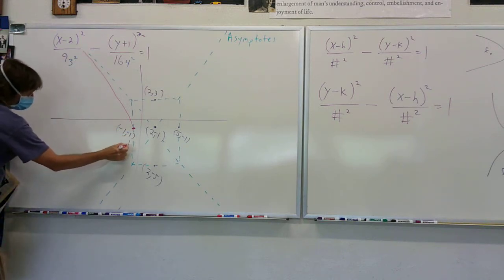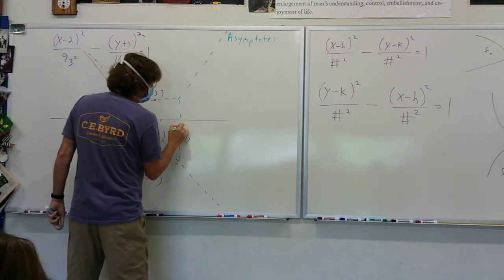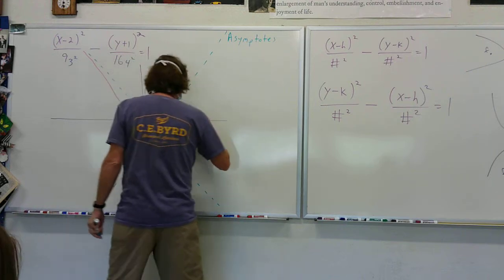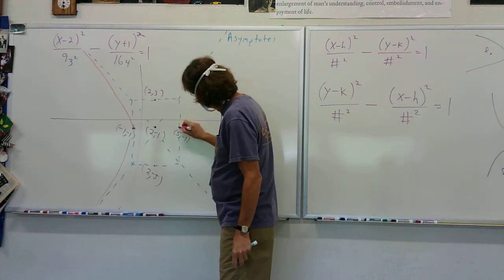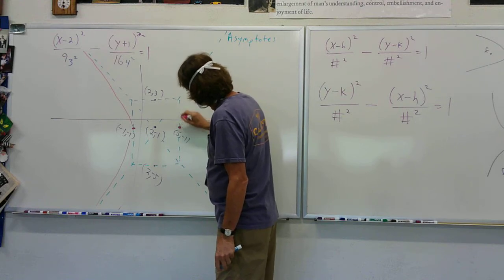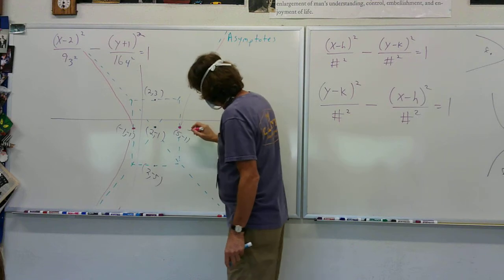And it comes down and it gets forever closer to the asymptote. That's where the asymptotes help you. They show you where it's going. Please do not go inside of the rectangle. It's the point right there on the edge of the rectangle. And it doesn't go straight up, straight out. It is a curve, and it gets closer and closer.